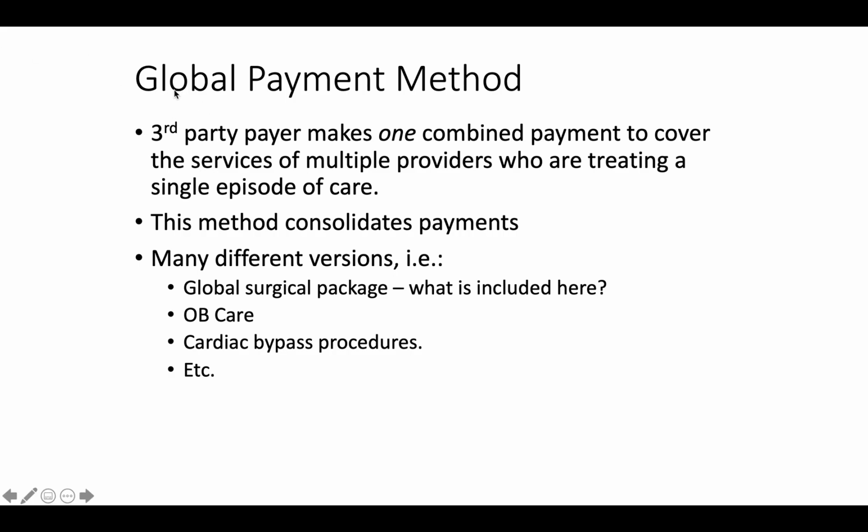Okay, the second type of episode of care reimbursement is the global payment method. Third party payer makes one combined payment to cover the service of multiple providers who are treating a single episode of care. So in this plan, it's not one hospital that provides a service.